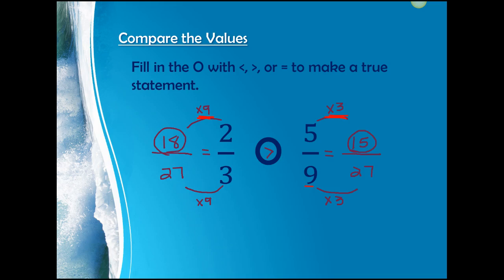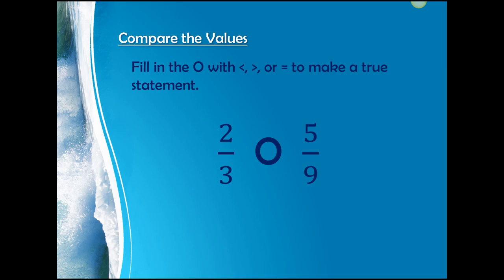So 9 times 2 gave us the 18, and 3 times 5 gave us the 15. This is called the cross product. When comparing two fractions, we can always multiply the numerators times the opposite denominators and get two numbers to compare. We don't have to go through the bother of finding the least common denominator or even writing a common denominator. And it would look like this.